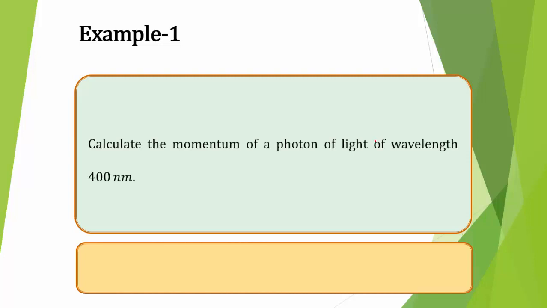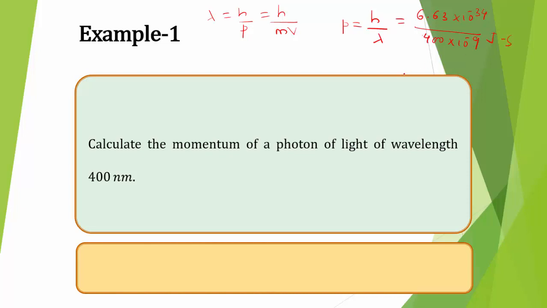Here the first problem is, the momentum of a photon of light of wavelength 400 nanometer. You know the formula, lambda is equal to h divided by p, where p is momentum, so p is equal to h divided by lambda. The h value is 6.63 into 10 to the power of minus 34 joule second, divided by lambda value 400 nanometer, that is 400 into 10 to the power of minus 9.